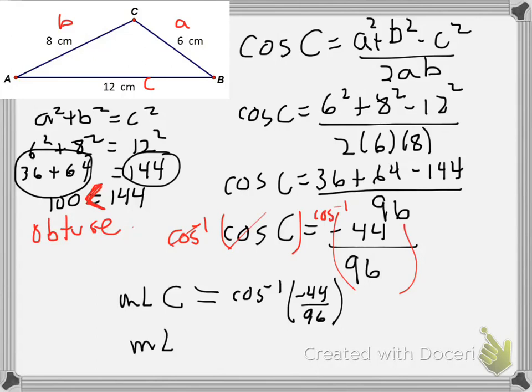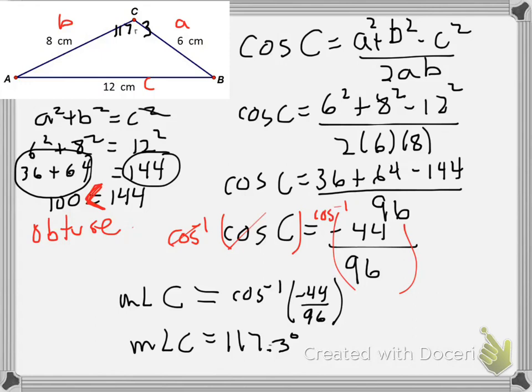So the measurement of angle C is 117.3 degrees approximately. I'm going to write that up here, 117.3, so we don't forget, because I'm going to have to erase some stuff here.